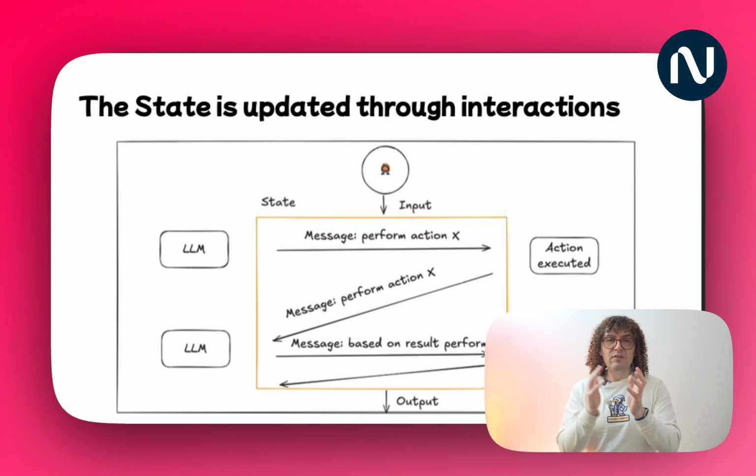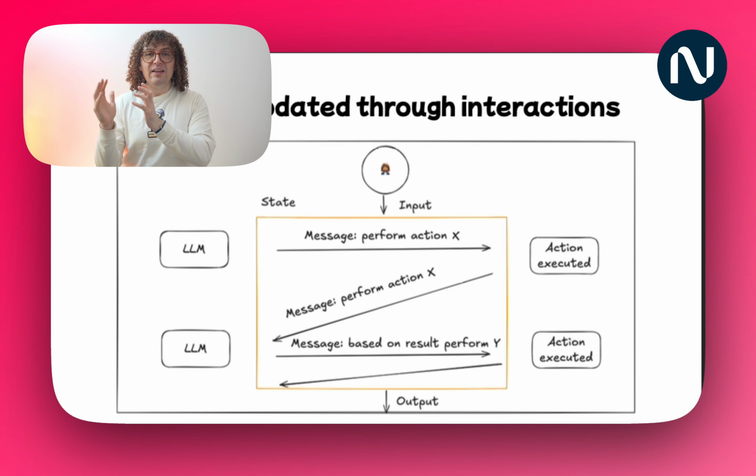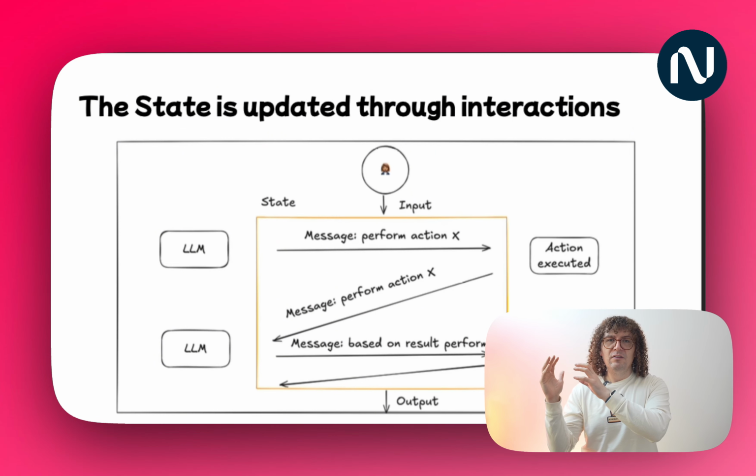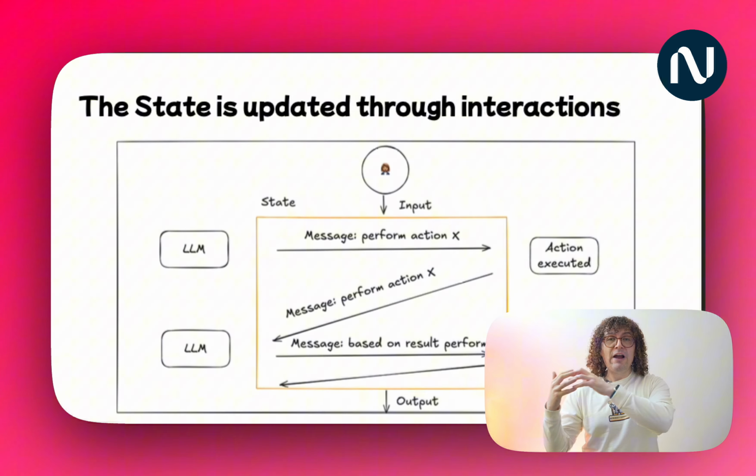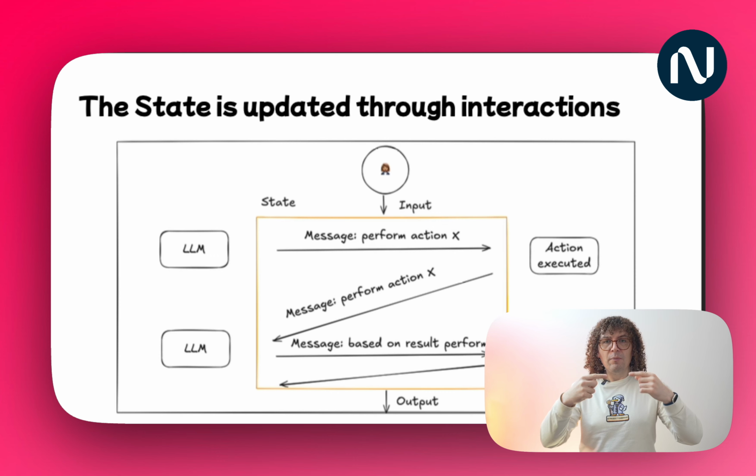And throughout this, we have the state that is being updated through messages. For example, we have the message, perform action X. Then the action is executed, and the message has perform action Y, for example, based on the result of another action, and so on. This state has all these updates until finally we have our final output and it doesn't require any further updates.